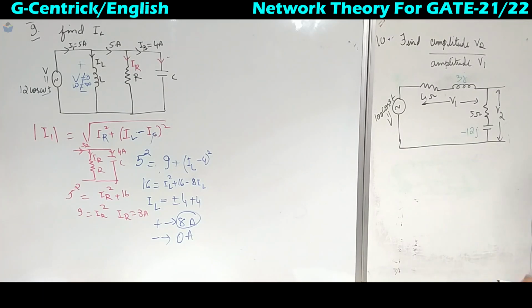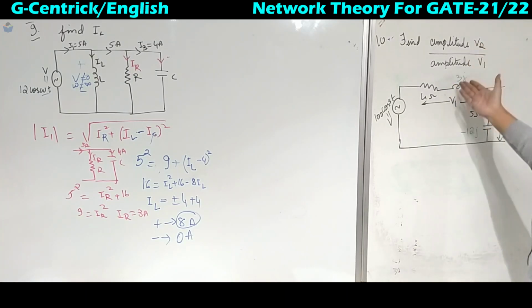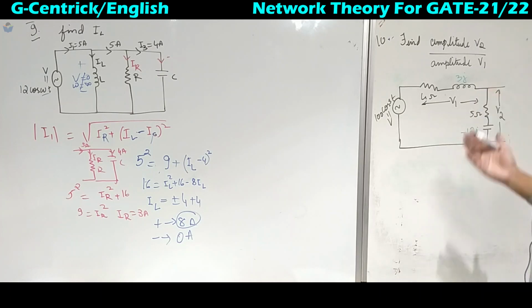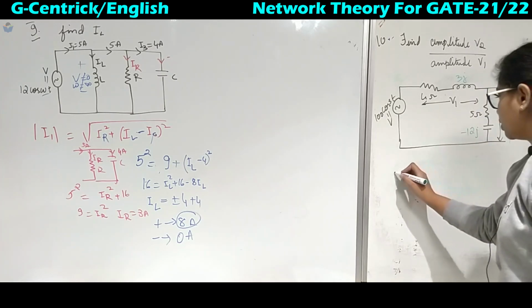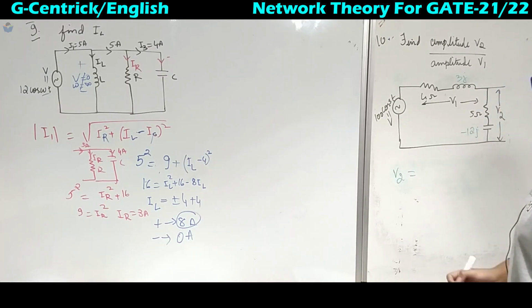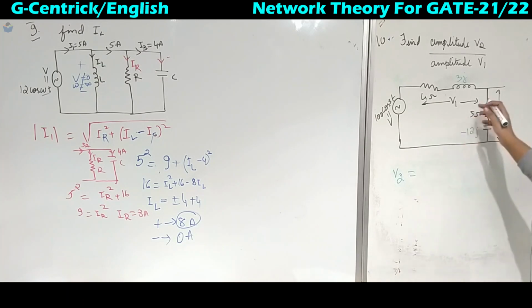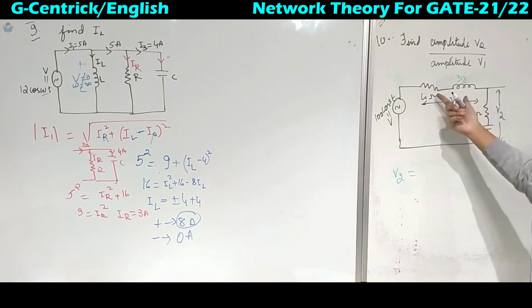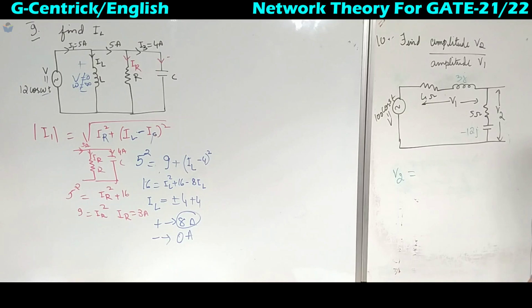Now we can apply the voltage division rule to find the amplitude of the voltages V2 and V1. First we will find V2. For finding V2, we take the same resistor value upon the sum of the total ohmic value.